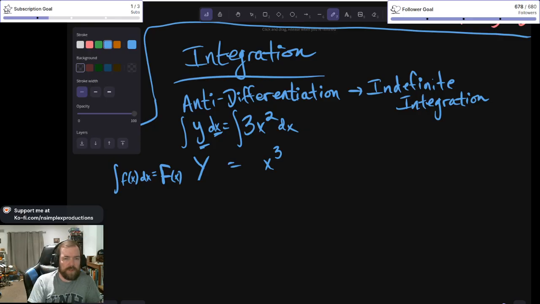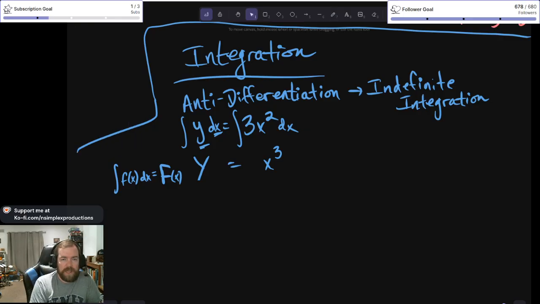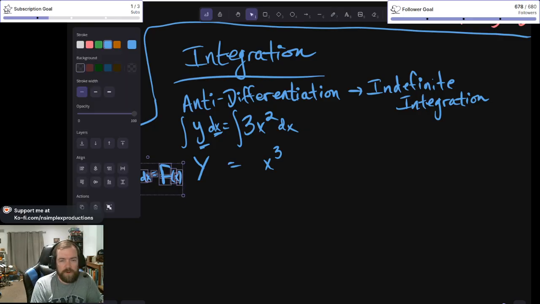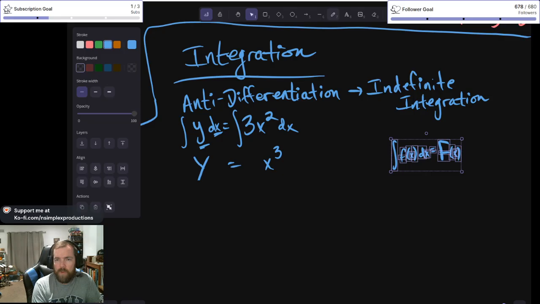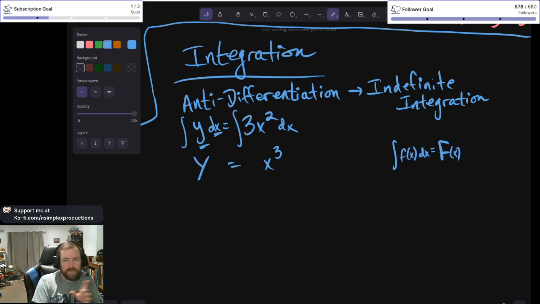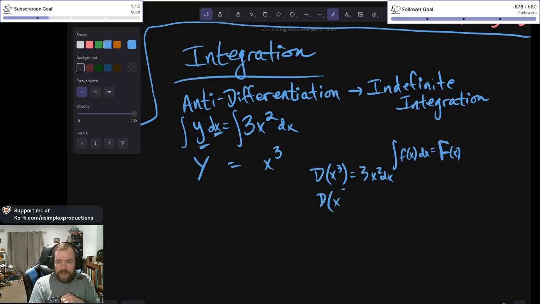And there is one little caveat to that. If we take the derivative of x cubed, we get 3x squared dx. If we take the derivative of x cubed plus 7, we get 3x squared dx.